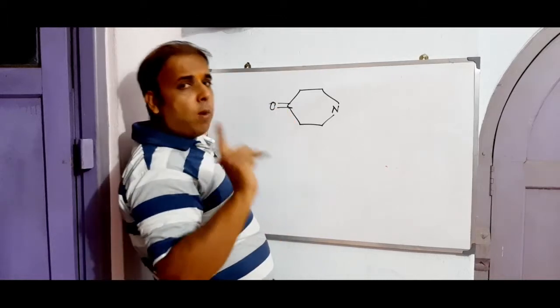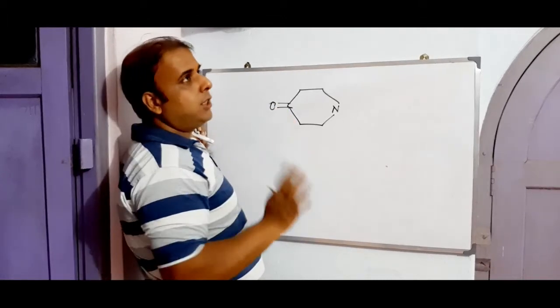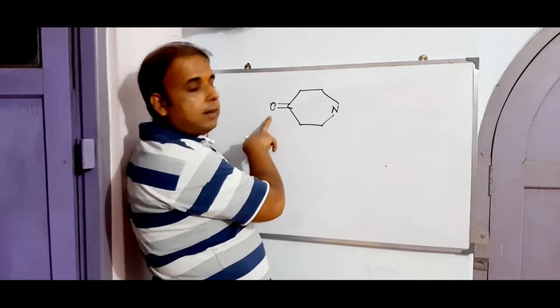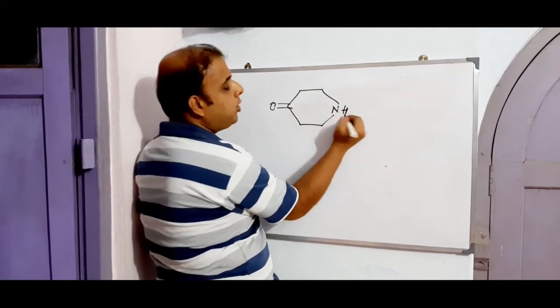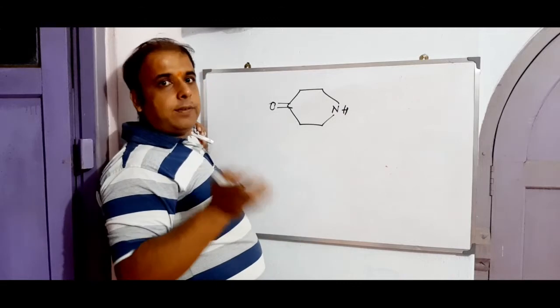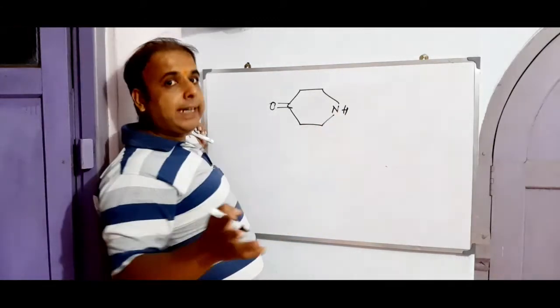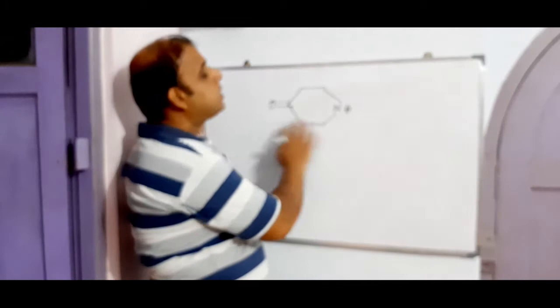And if I want the reaction to take place at this terminal, this particular terminal should not be left as such. Rather, this terminal has to be protected. Otherwise, equally they will respond to the reagent.